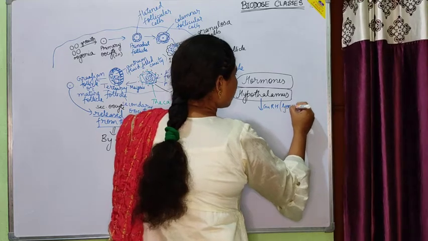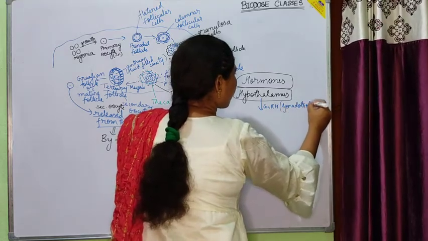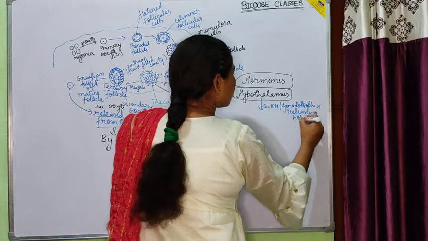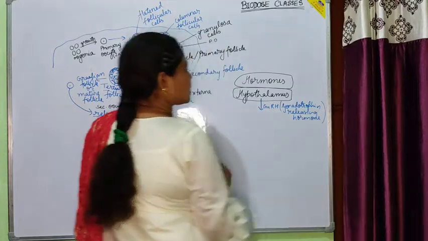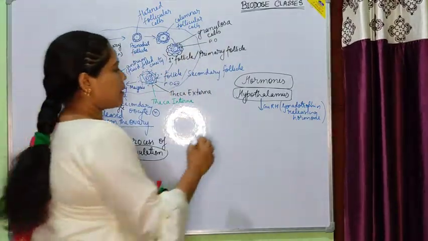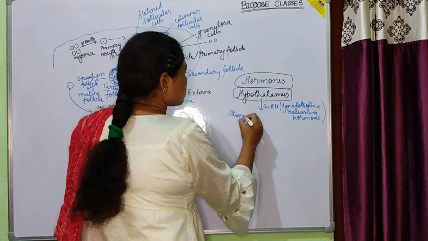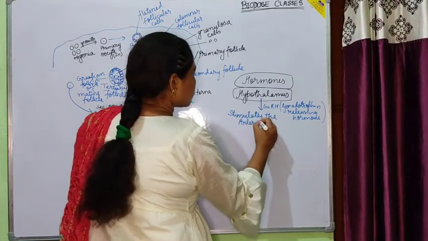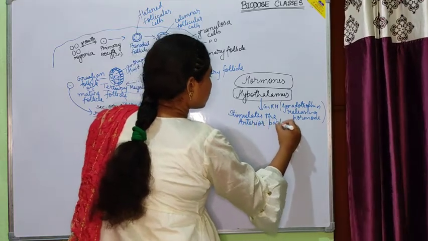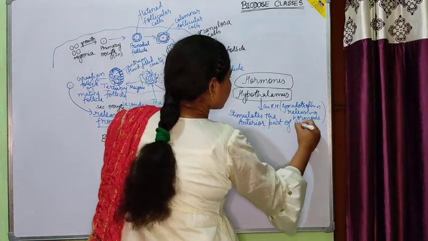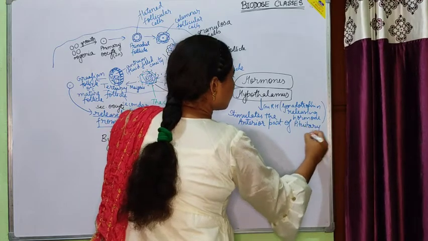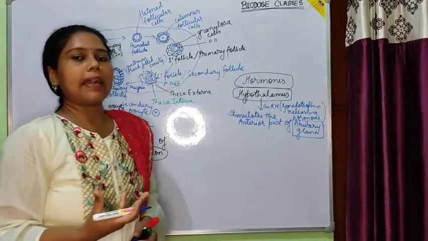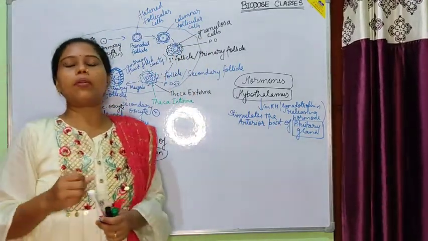So gonadotrophin releasing hormone is released from this, and it stimulates the anterior part of pituitary gland, which is also known as master gland. So we know that pituitary gland is the master gland of your endocrine system.